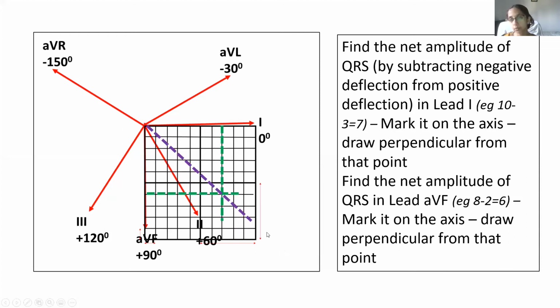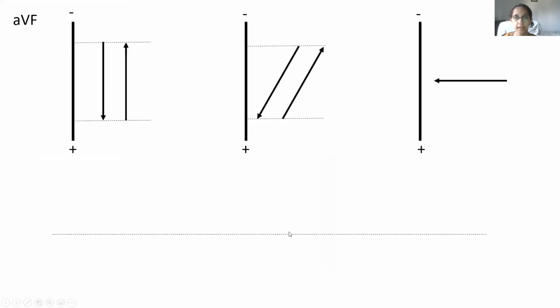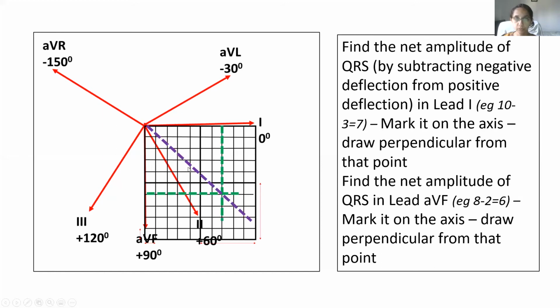I can run this once again. How do you find the QRS axis? First, you see the net amplitude in lead 1. Then you see the net amplitude in lead AVF. You plot a point counting the small squares after the central point, then connect this point to the central point, and that is what is going to give you the QRS axis.